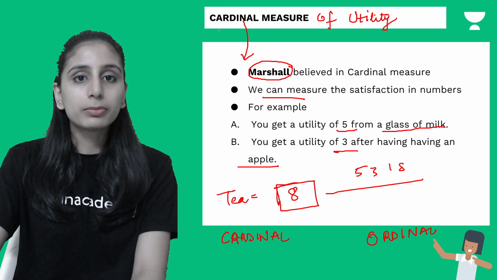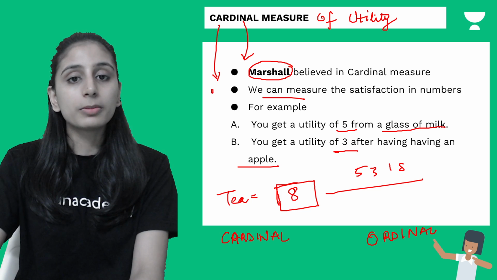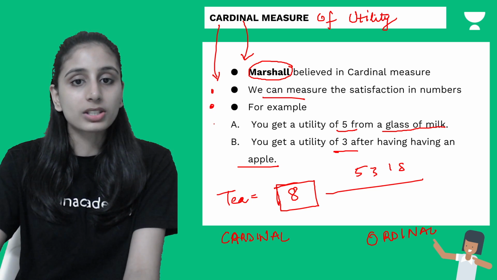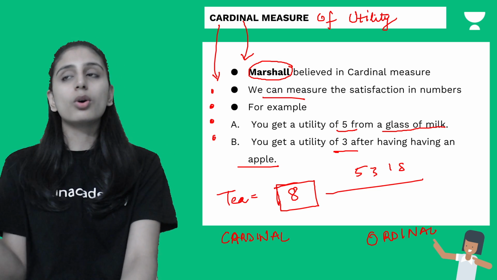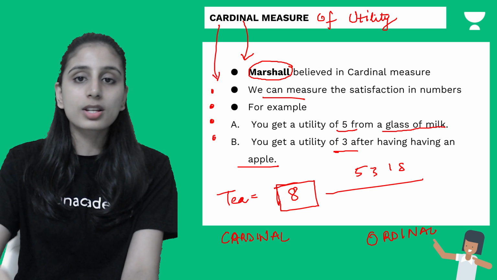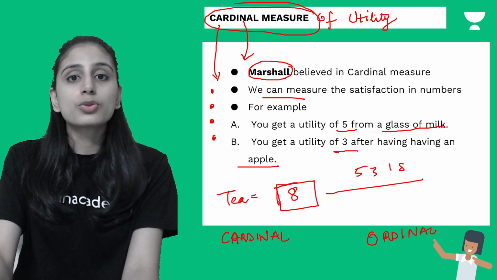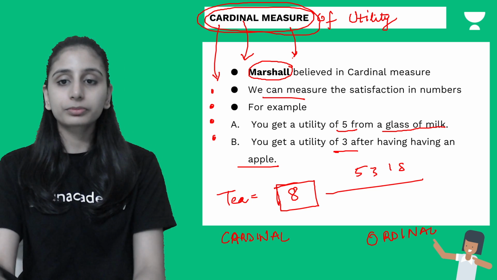In microeconomics we will see mainly that for every commodity we can measure how much satisfaction we get. So we'll see various examples and the whole approach in our book using this cardinal measure only, and the consumer equilibrium analysis using utility analysis or cardinal measure. We'll see this one. Okay.